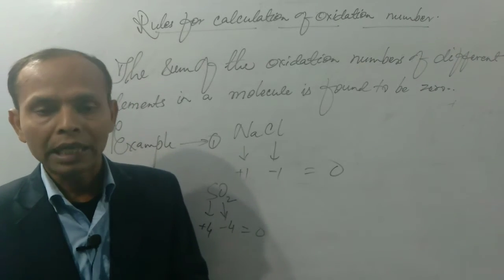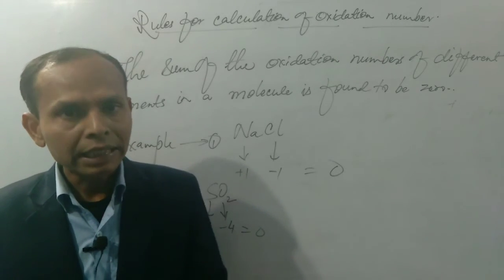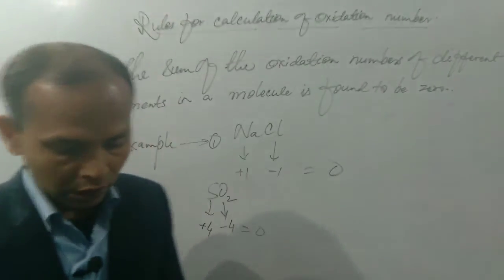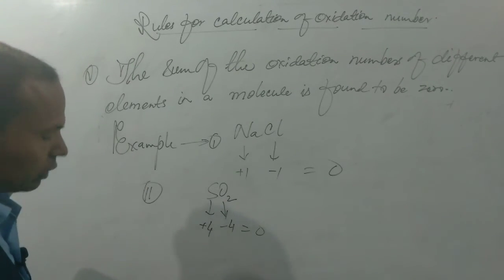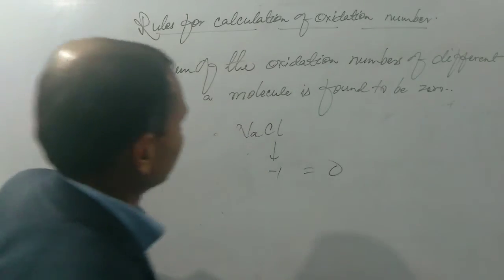With the help of these 5 rules, we have to calculate the oxidation state of different elements in a molecule. So, we have to take some of the compounds in which we have to calculate the oxidation state or oxidation number of different elements.